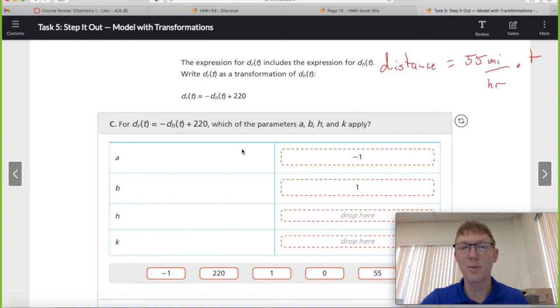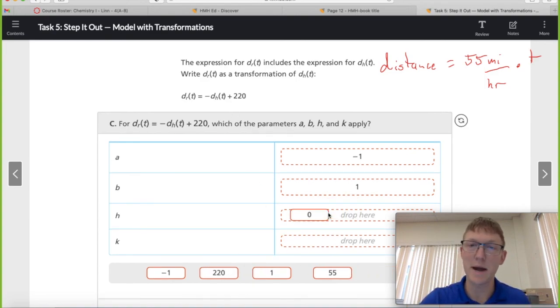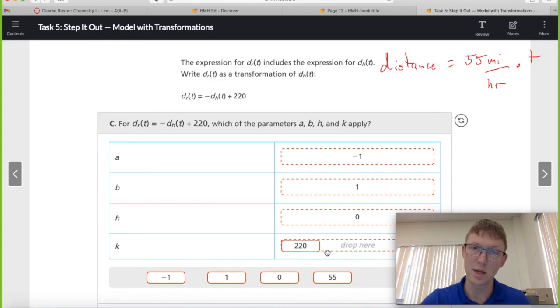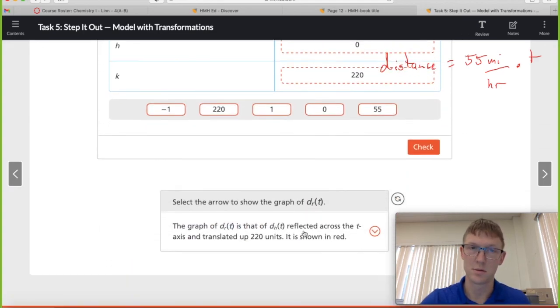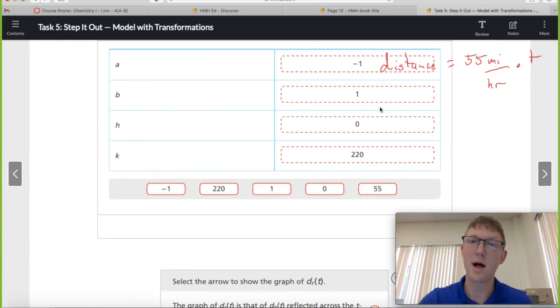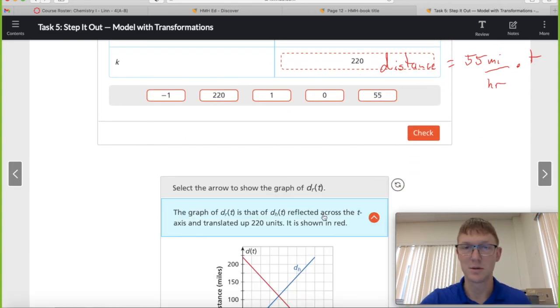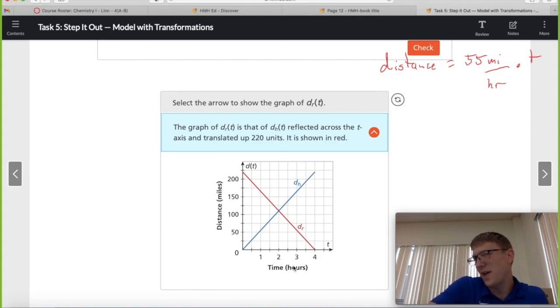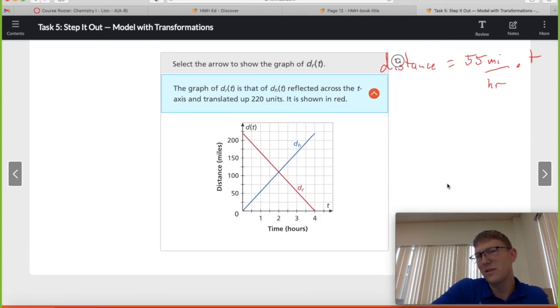Since nothing is subtracted, h would be equal to 0. And then k would be 220. So then if we apply all those transformations, we would get a graph that looks like this. Again, it's kind of a far-fetched stretch of a real-world example, but you kind of start to get the point.